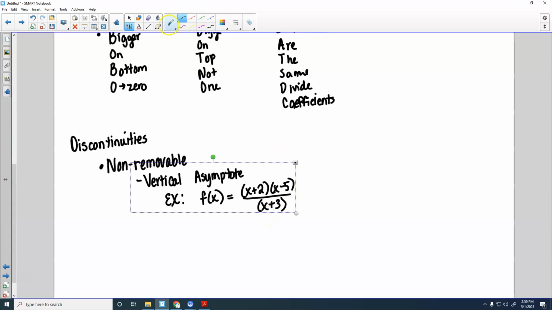So for a vertical asymptote, it is a value that makes the denominator 0 and does not cancel with the top. So like you would have a vertical asymptote at x equals 3, negative 3 right there. And denominator is 0. Does not cancel.